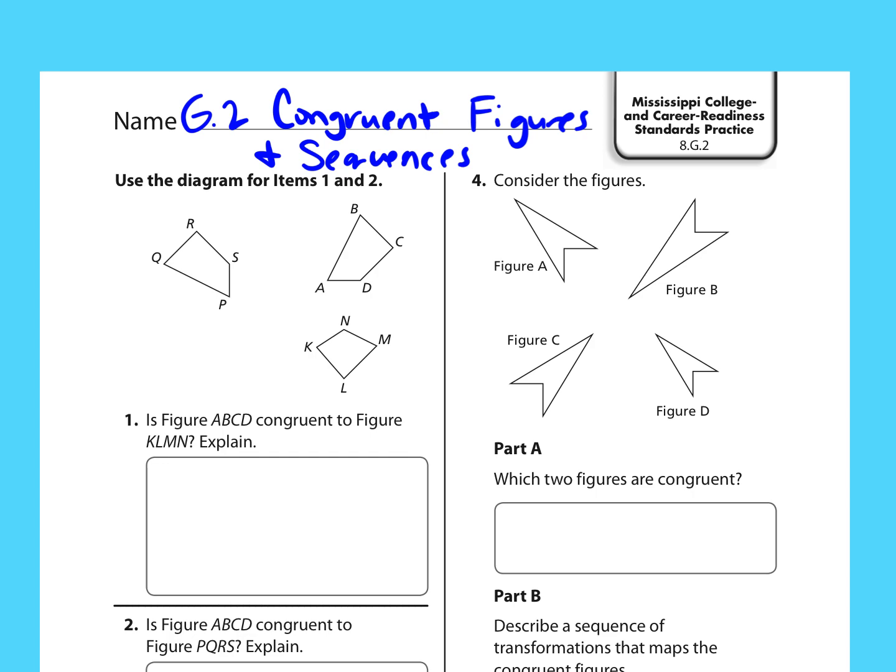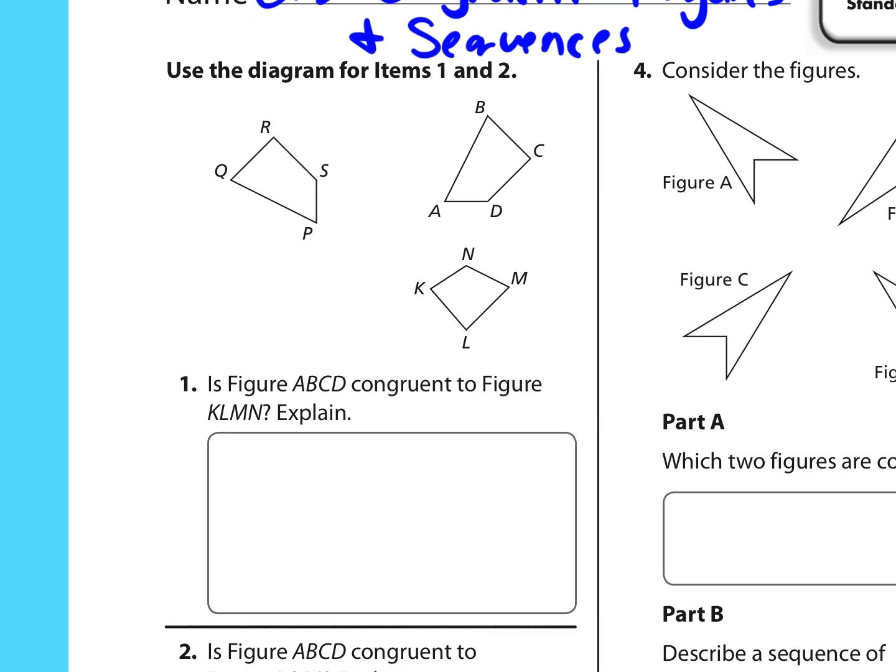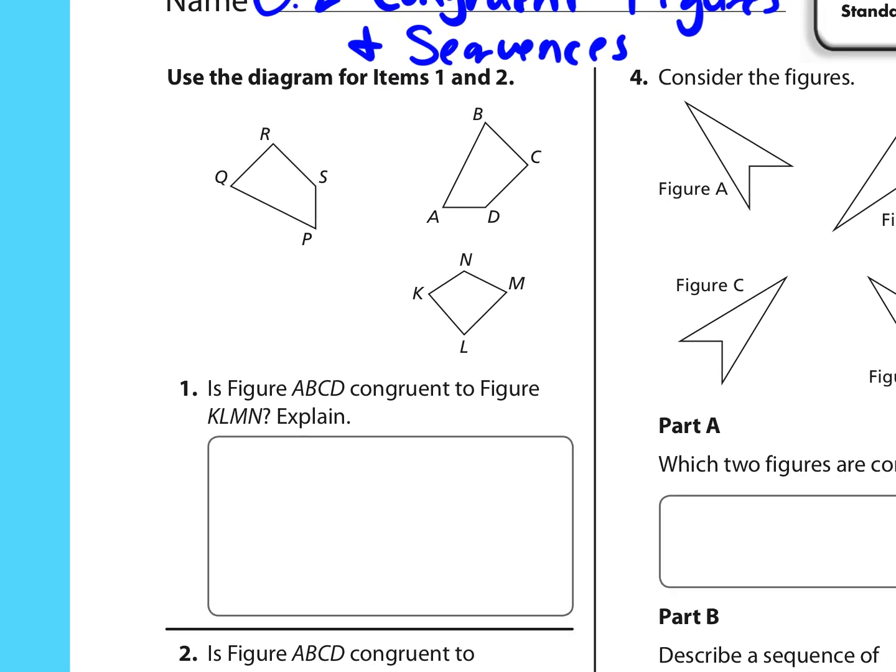Standard G2 is about congruent figures and sequences. Number 1 says, is figure ABCD congruent to figure KLMN, and explain? Well, when we look at these, ABCD and KLMN, they are different shapes. So no, they're different shapes.